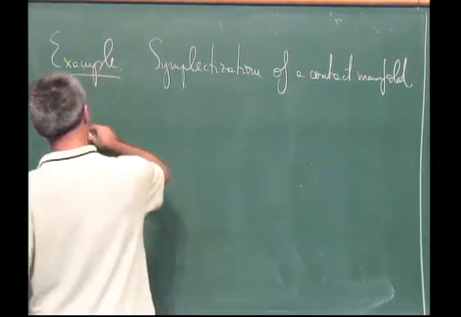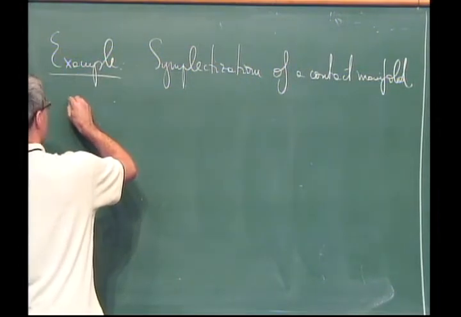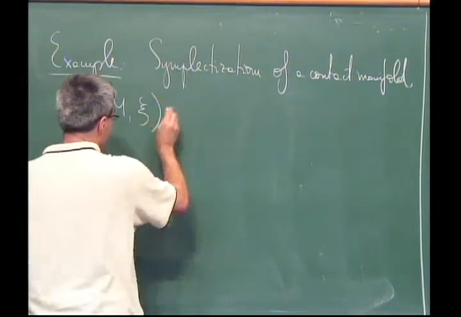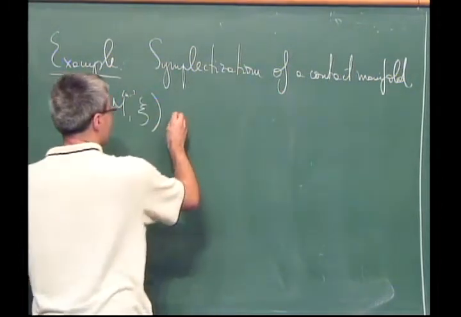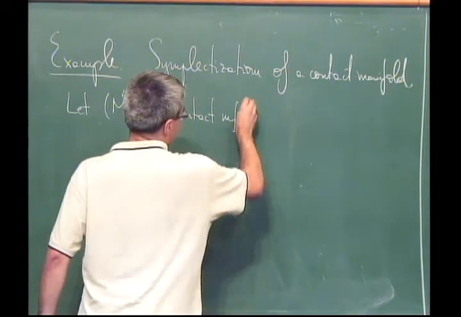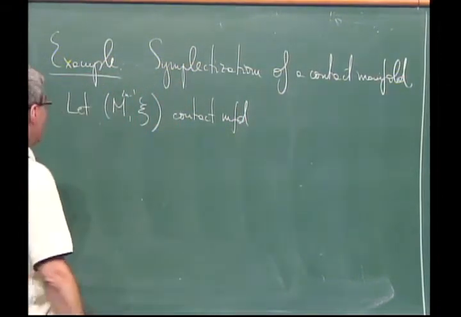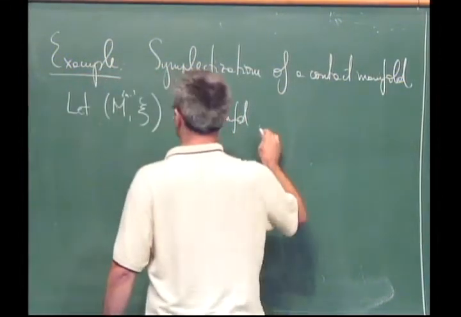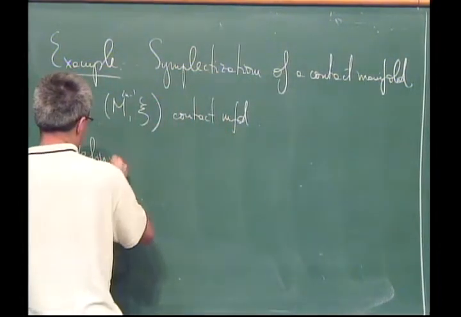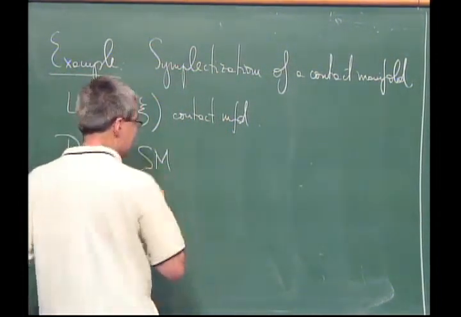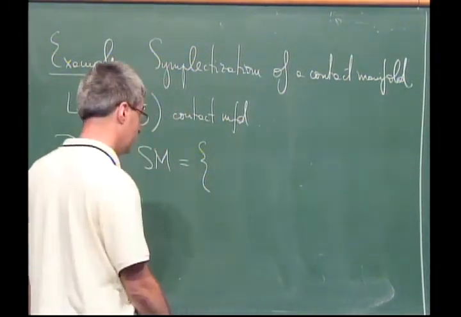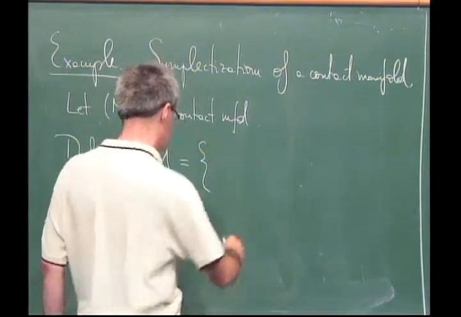So we take M, xi to be a contact manifold, and let me define SM, like symplectization, to be the following subset of T*M.